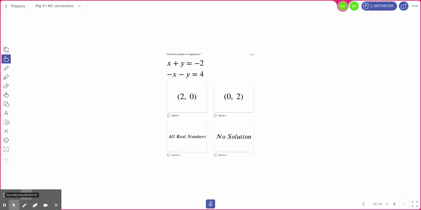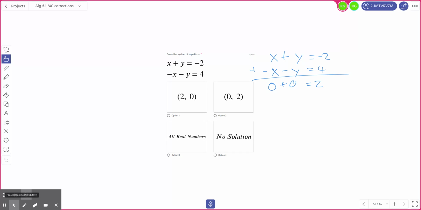All right, last one. Oh, definitely an elimination problem. We've got opposite coefficients for x and y, so we can just add these two equations together and variables will cancel out. Let's see what happens. So x plus negative x is 0, y plus negative y is 0, and negative 2 plus 4 is 2.